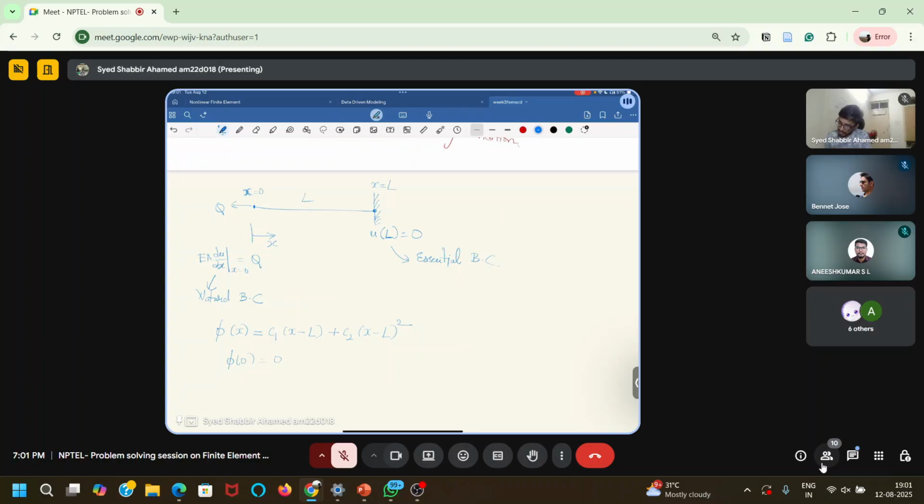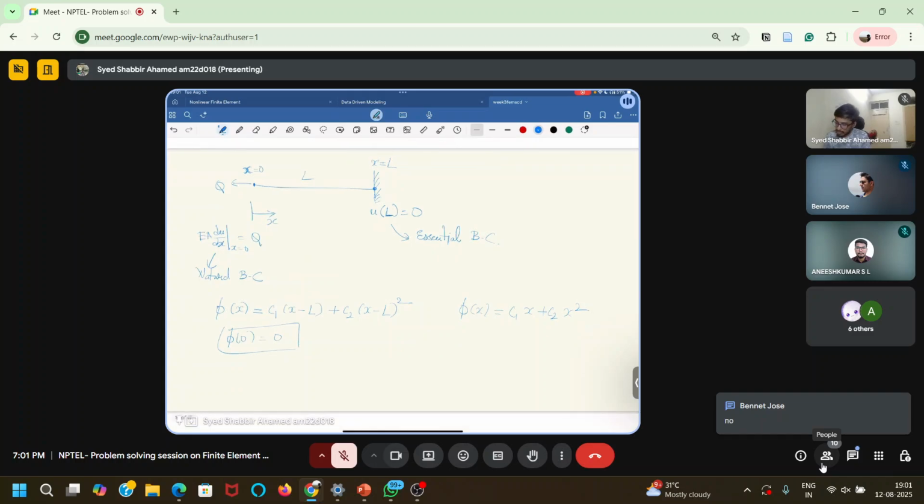Now I'll take, let's say, phi of x equals c1 x plus c2 x squared, something like this. Will it satisfy the essential boundary condition? No. Very good.